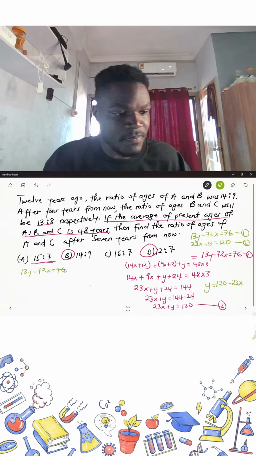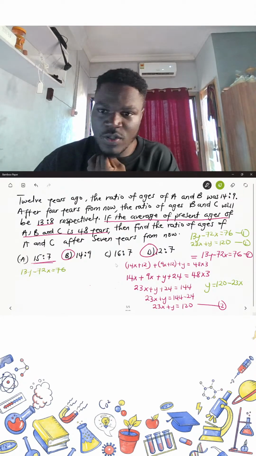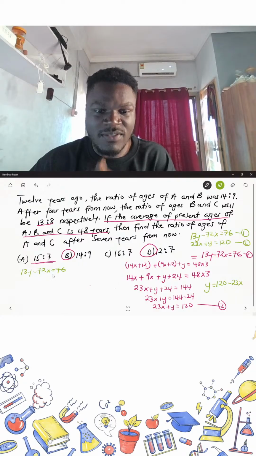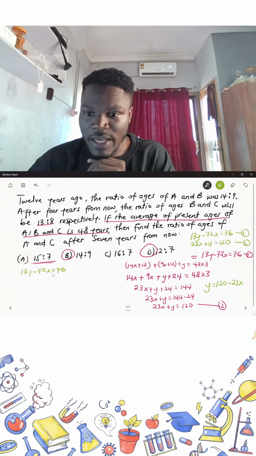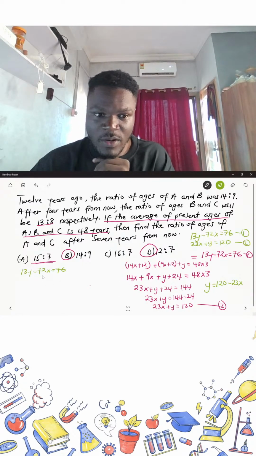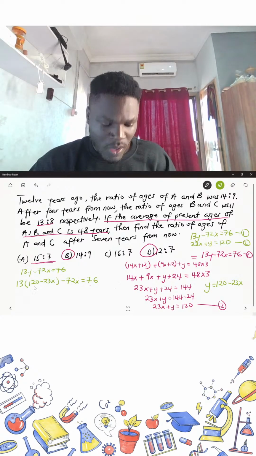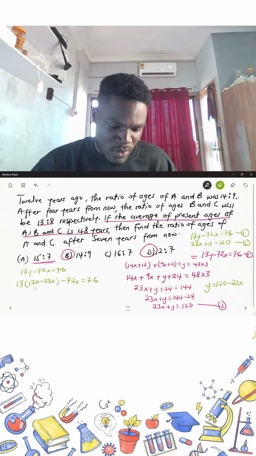So let's continue. Are you okay? So from here we substitute the value of y. So we will now have 13 into bracket 120 minus 23x, then minus 72x, and this will be equal to 76. So I'll have to multiply through. Let's just multiply through and see what we have.